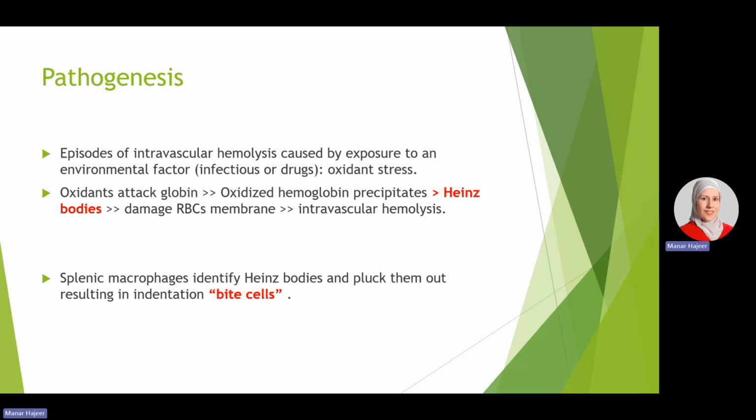So the hemolysis here is within the vasculature, not in the spleen, as in sickle cell anemia or spherocytosis or thalassemia. The splenic macrophages will also identify these Heinz bodies, which are oxidized hemoglobin precipitates, and pluck them out, resulting in the appearance of bite cells in the peripheral blood.